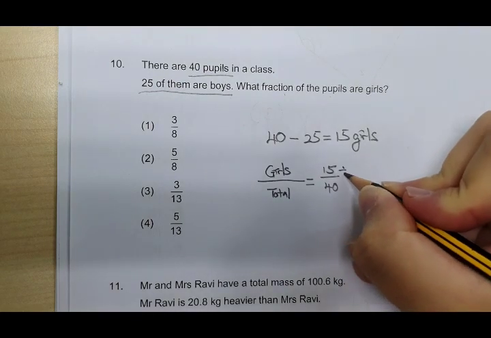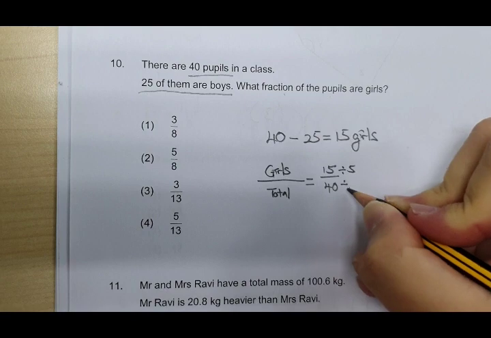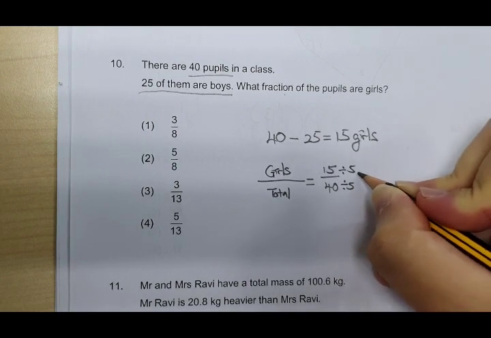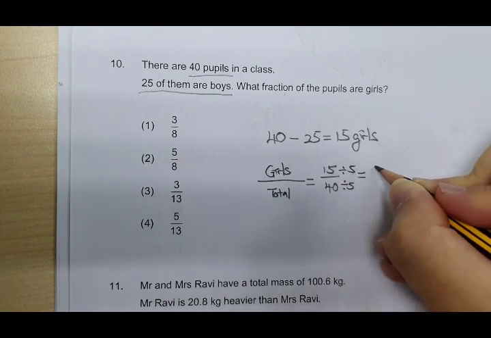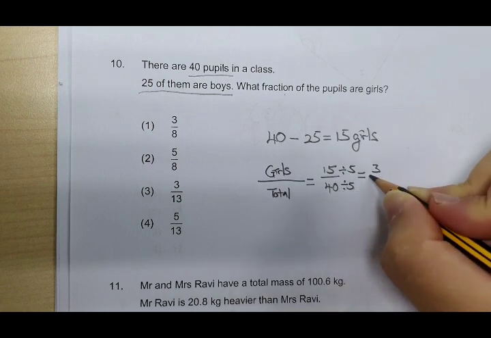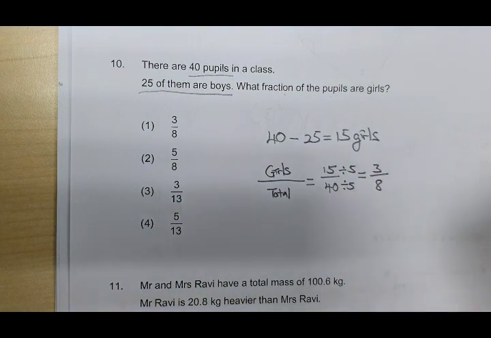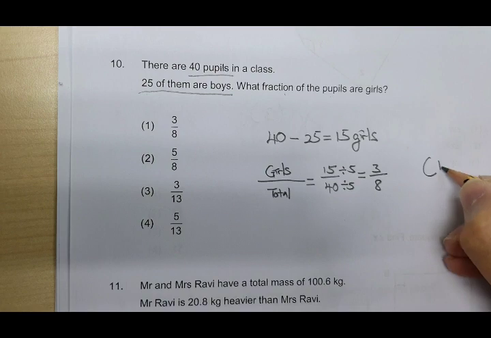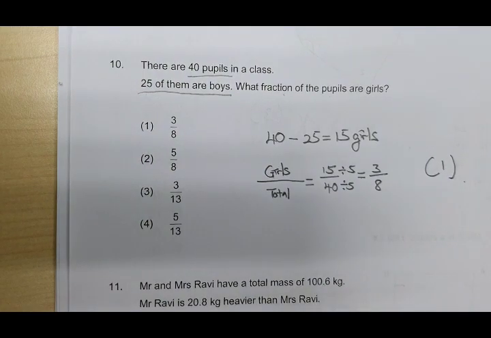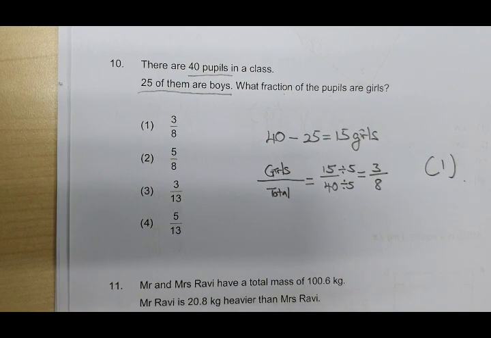We have to divide by 5 on both numerator and the denominator. So 15 divided by 5 is 3. 40 divided by 5 is 8. 3 out of 8. Our answer will be number 1. Do you get it? Alright, let's move on.